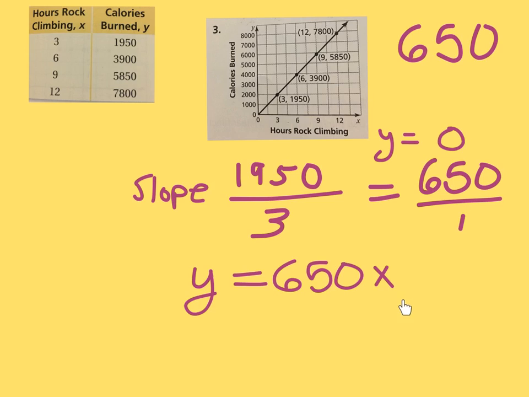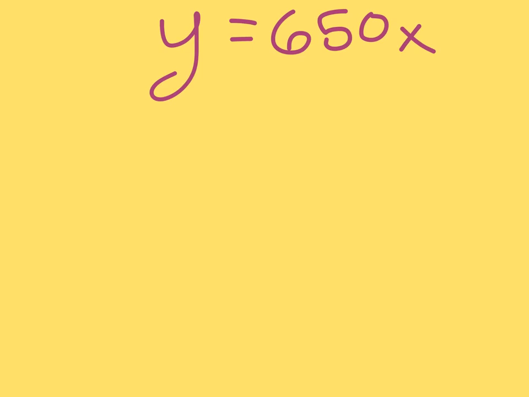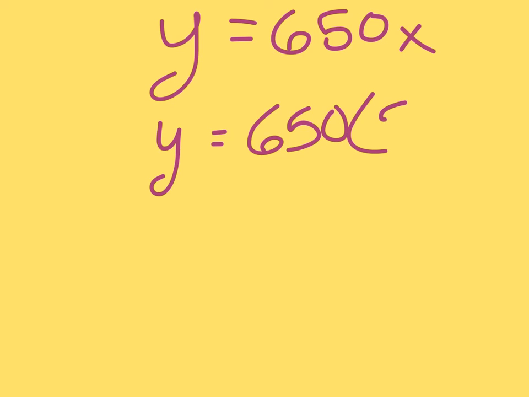The last thing that we needed to do was find out how many calories you burn in 5.5 hours. How many calories do you burn? To do that, since I know that x stands for hours, I'm going to substitute 5.5 in for x, and I'm going to see what y equals when x is 5.5.